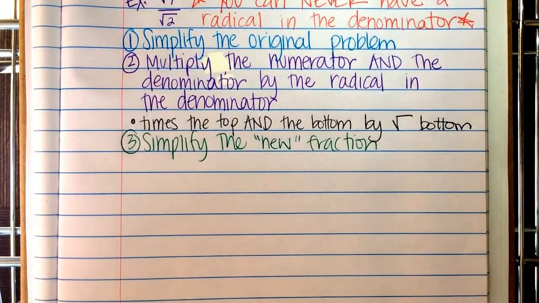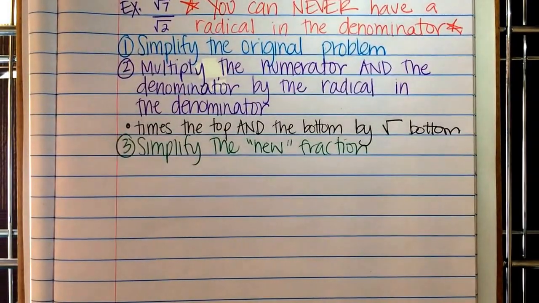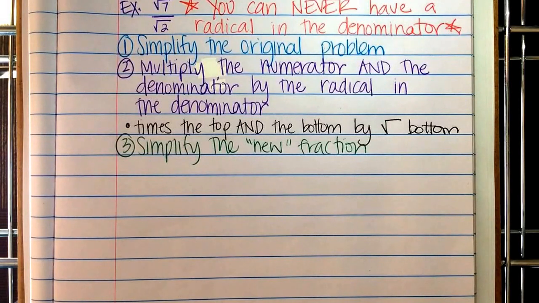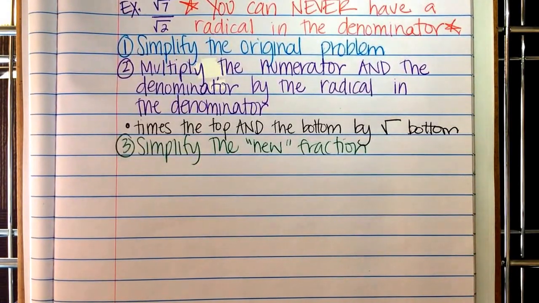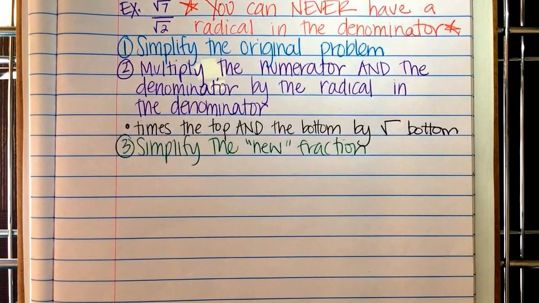If it's necessary, it may not be necessary. Multiply the numerator and the denominator by the radical in the denominator. That just means multiply the top and the bottom by the radical on the bottom. And then simplify. Ready?